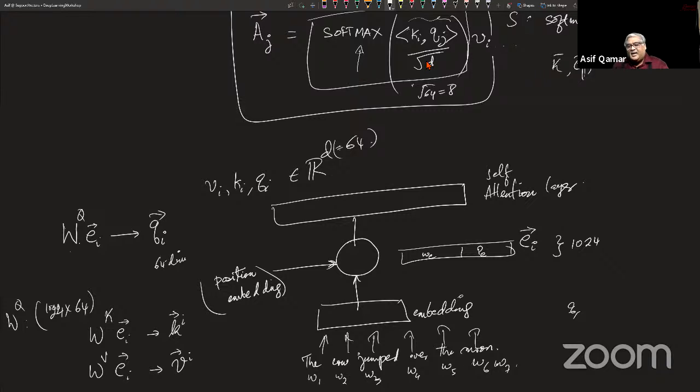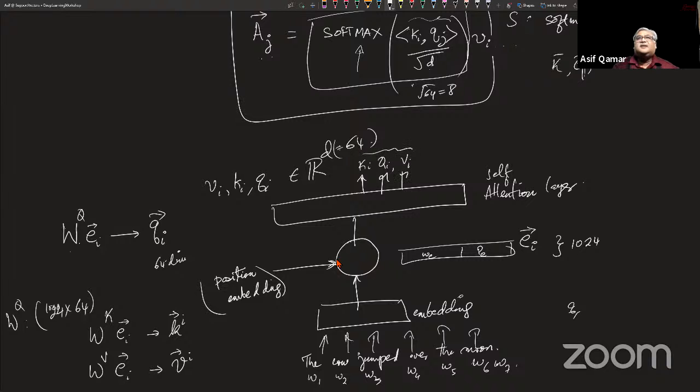Are we together? And then what you do is, for each of these words, you can now produce the attention vector, isn't it, guys? Given the K, Q, V, first K_i, Q_i, V_i come out.